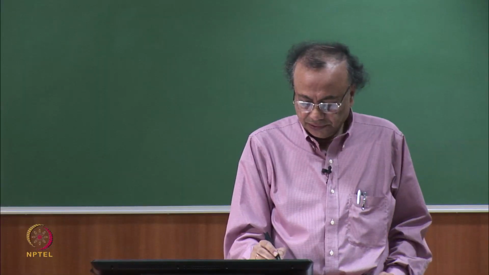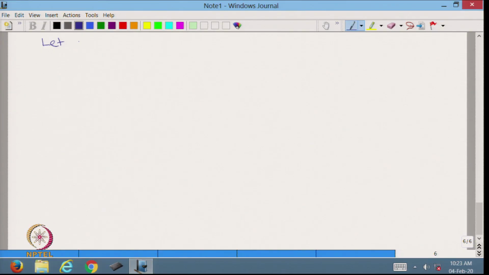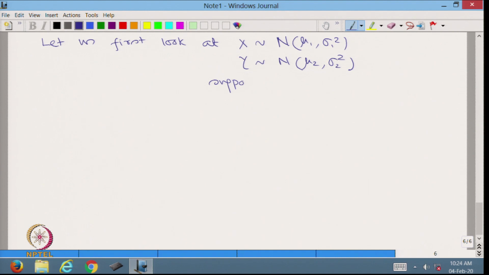In order to understand, let us first look at x, which is normal with mu 1 and sigma 1 square, and y is normal with mu 2 and sigma 2 square, and suppose they are independent.